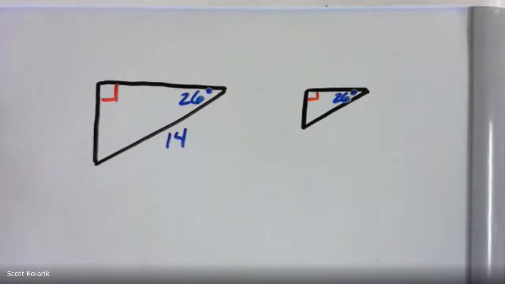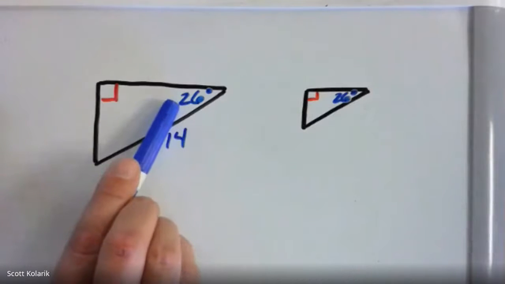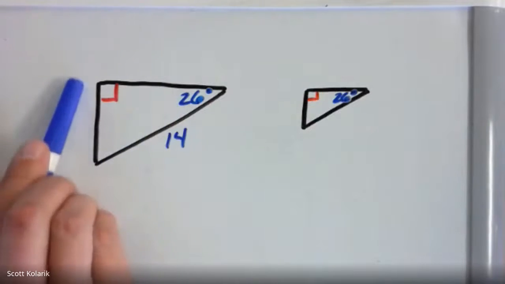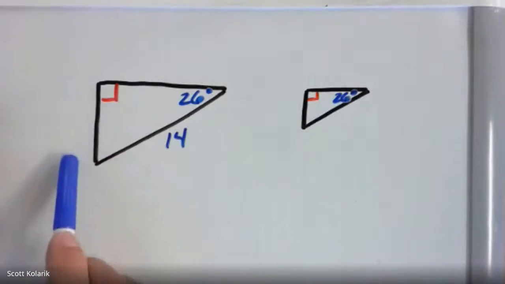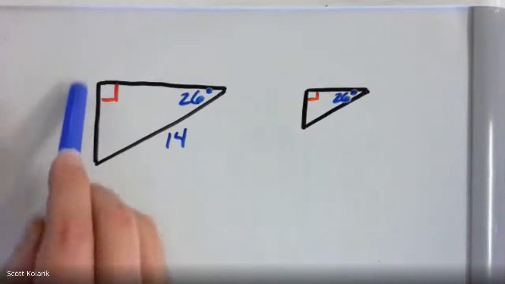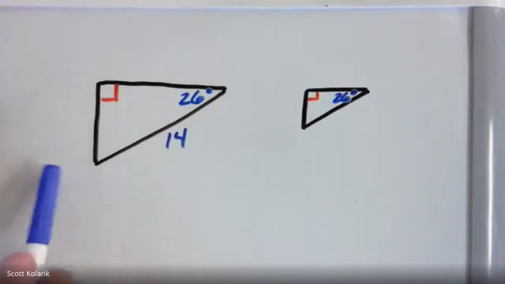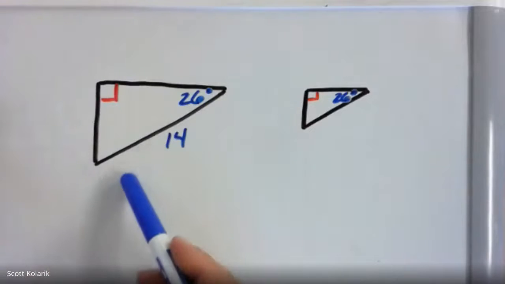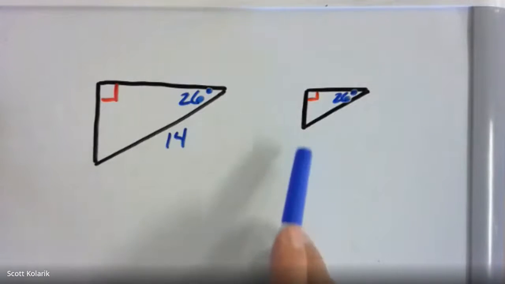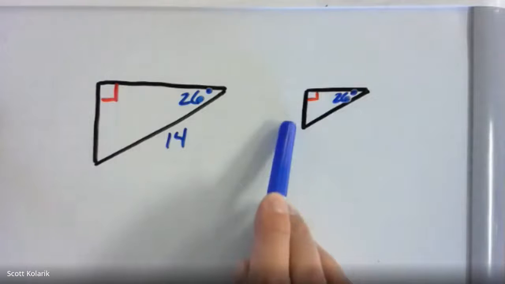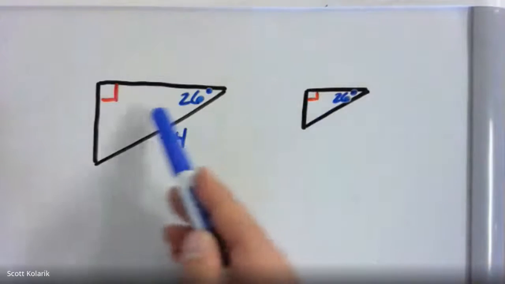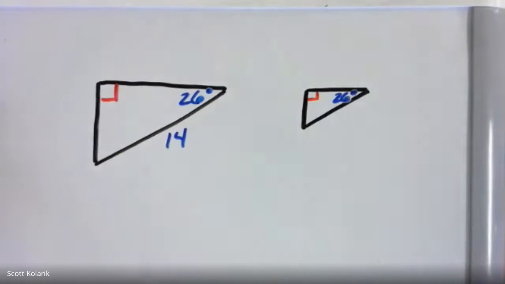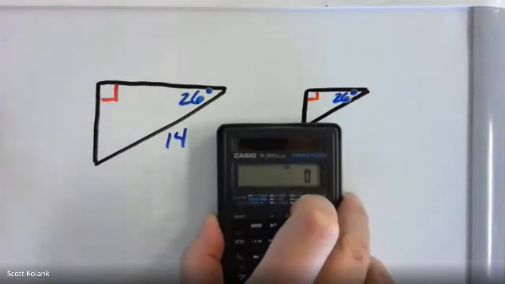So for instance, if I wanted to find the sine of angle 26 right here, which would compare this opposite side to its hypotenuse length, and we're going to do that for our first solution to this side length, whatever this fraction reduced down to, this side length over this side length, would have to be the same ratio as this much shorter one to this shorter one. The sine of 26 degrees will always be the same value. That's why it doesn't bother with what the side lengths are here.